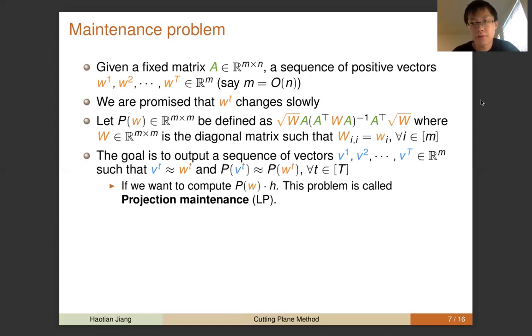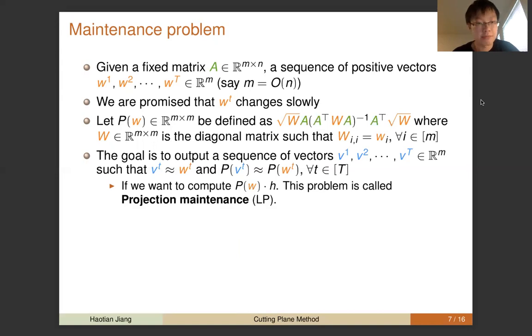In the case of linear programming, the projection matrix is accessed in the following way: given a vector h, which is the gradient, one only needs to compute the projection matrix P_W times h. So this is a matrix-vector multiplication.